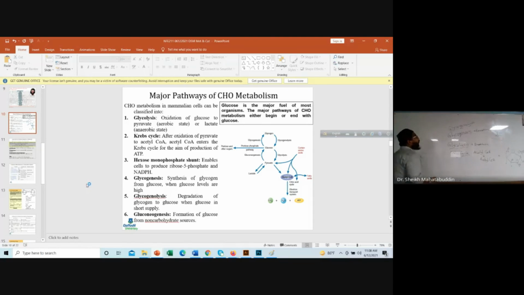Then the last one is gluconeogenesis. Genesis means formation, gluco means glucose formation, neo means from another source, that means not from glucose. So it is formation of glucose from other types of chemicals which are not glucose. It could be pyruvate, it could be lactic acid or anything.